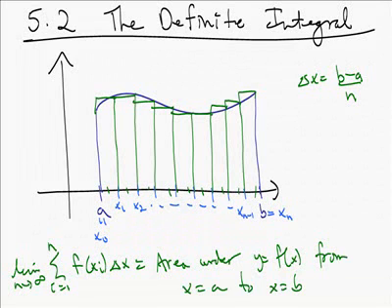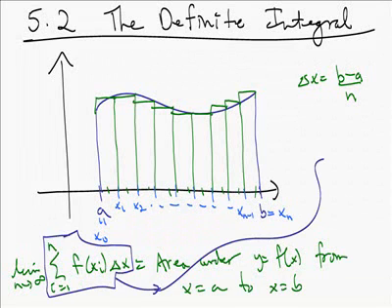Now the portion of the sum that we looked at, this right here, this is what's called the Riemann sum. So that's the Riemann sum. Let me write that again. And that's one of the things we can use to compute this area.